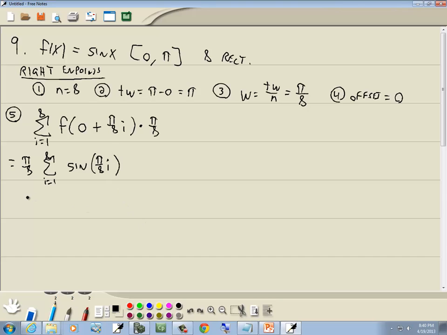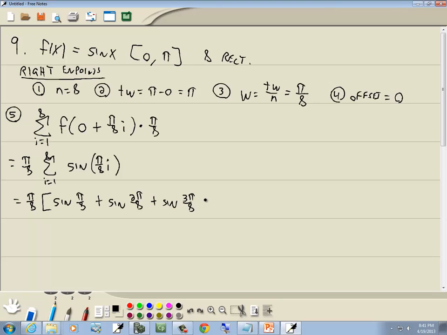Now we're going to go through and plug in i equals 1, i equals 2, i equals 3, and so forth. So we're going to have sine, if I plug in i equals 1, 1 times pi over 8 is pi over 8, plus sine, if I plug in i equals 2, we're going to have 2 pi over 8, plus, and if I plug in 3, again, i keeps increasing by 1, we'll have 3 times pi over 8, which is 3 pi over 8.